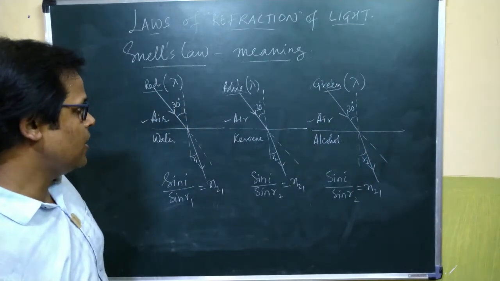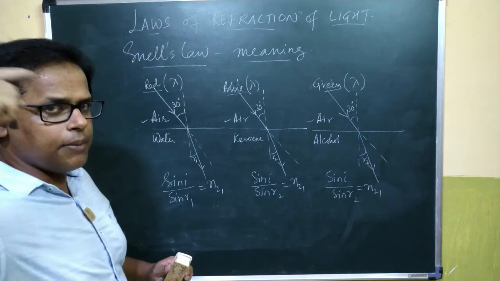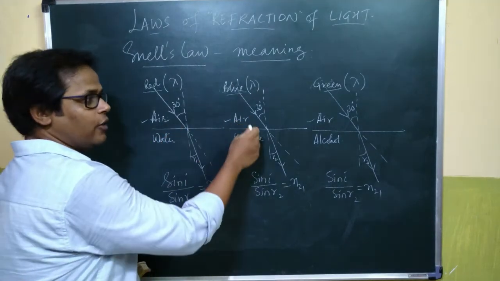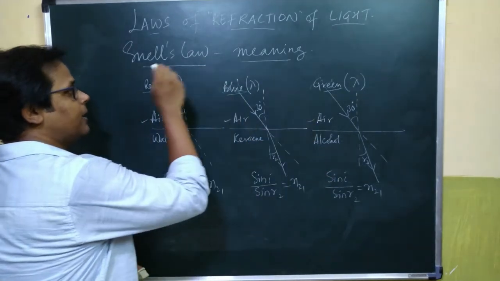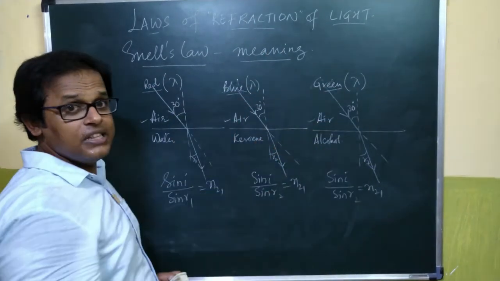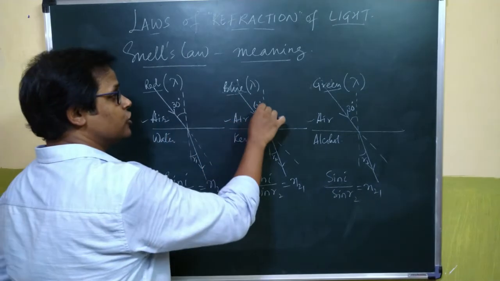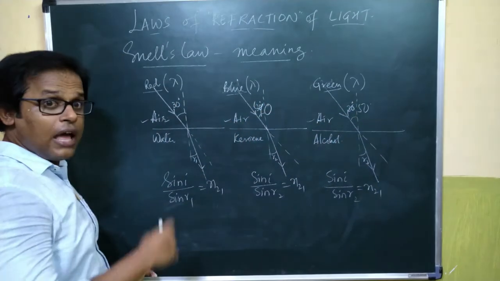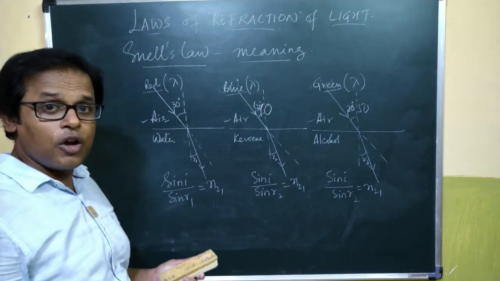All right. Now you may be thinking about the third possible doubt. If I take air, water, air, water, air, water, and I maintain the same colored light but change the angle of incidence, one chooses 30, the other chooses 40, the other chooses 50 degrees, will I find sine i by sine r to be constant?